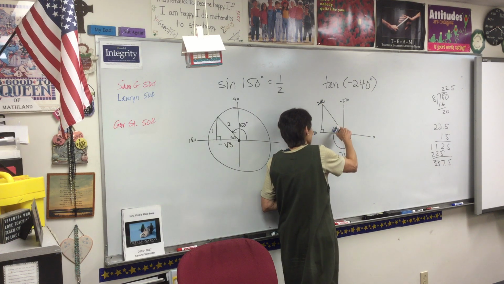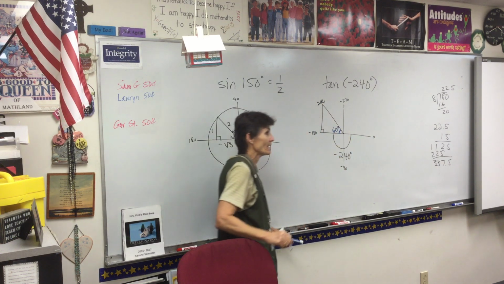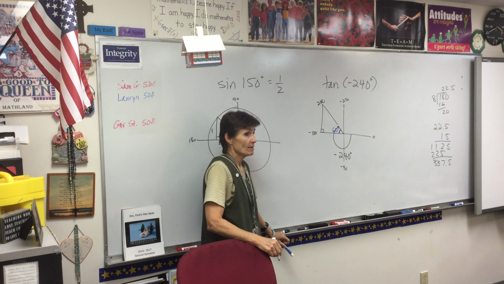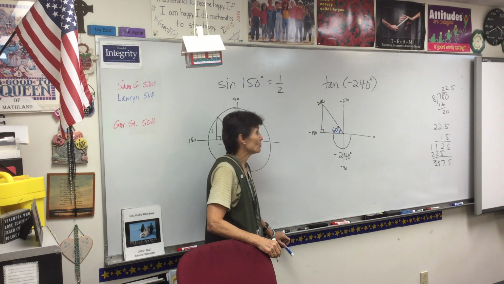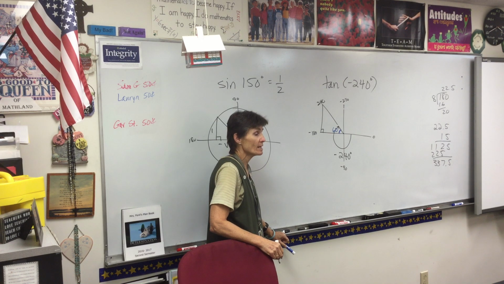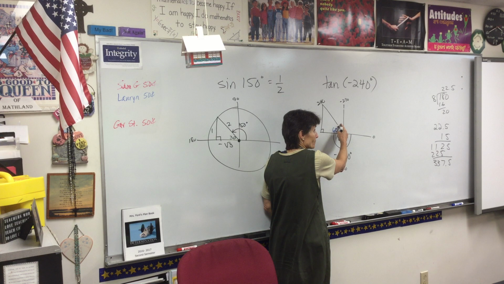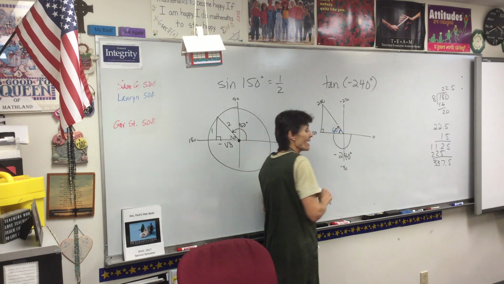I went 60 degrees past my 180 mark, right? Now, if you were thinking, I just want to do 270 minus 240, that's okay, but that gives you this angle. And that isn't the one you want. You need this angle right here inside the triangle. So it's 60 degrees past 180.